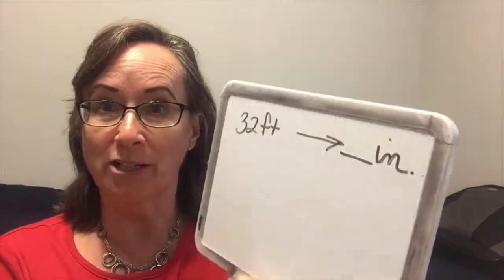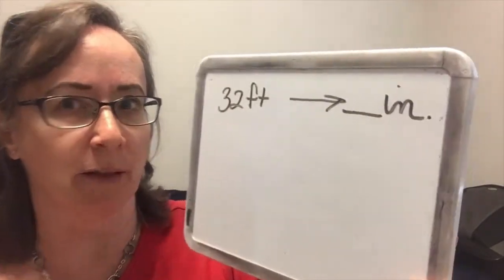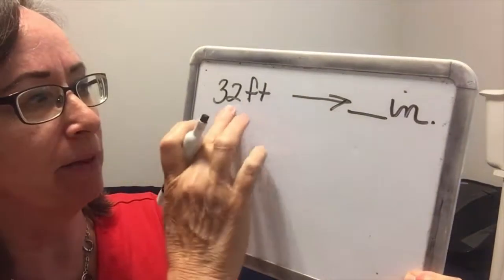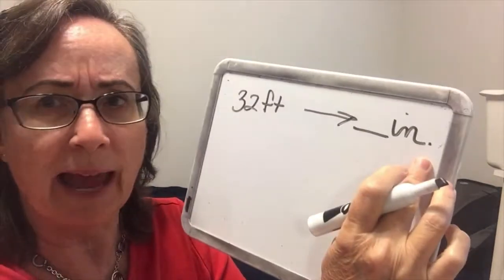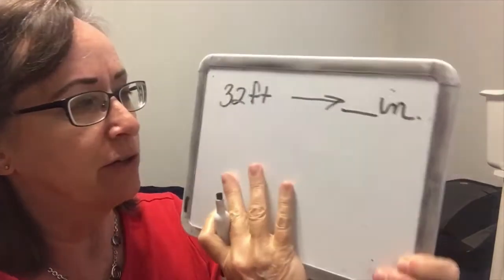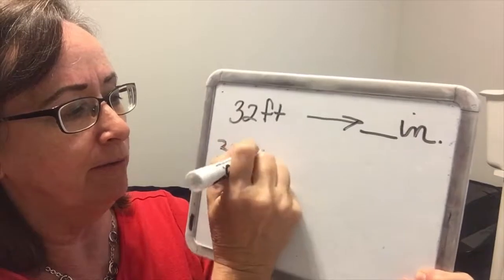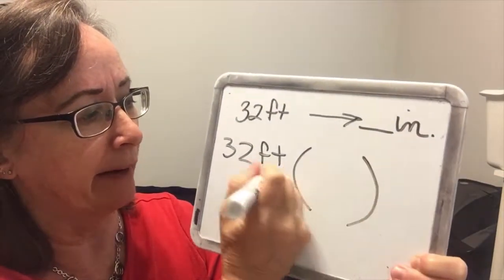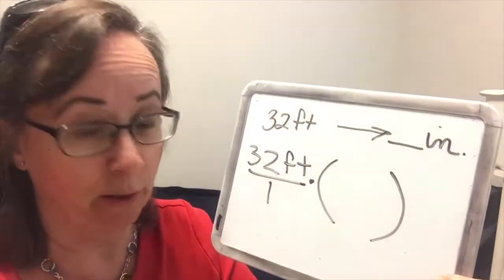So now we're going to convert some things, and we're going to figure out what is the unit multiplier that we're going to need to use. So here on my board, I've got 32 feet needing to be converted to how many inches. So we're going to say 32 feet times a unit multiplier. And we can put 32 feet over 1 if we want to. We don't have to.